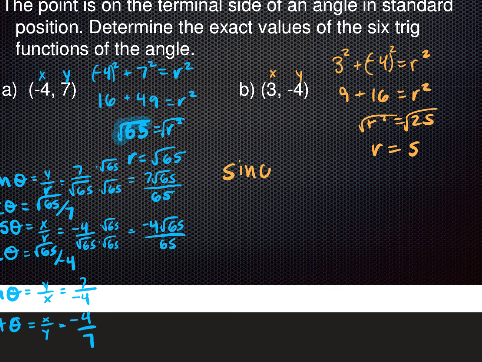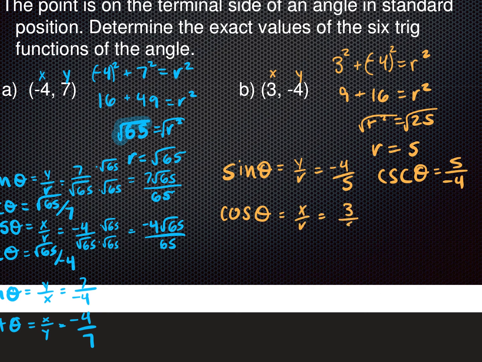So sine of theta is y over r. So negative 4 over 5. Its reciprocal, cosecant, would be 5 over negative 4. Cosine theta is x over r. So 3 over 5.